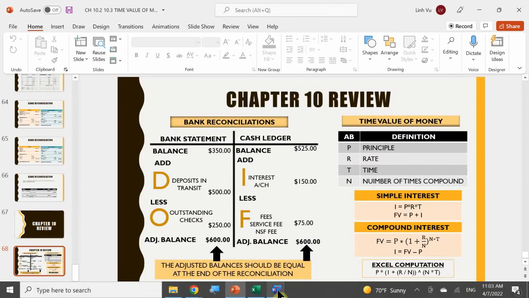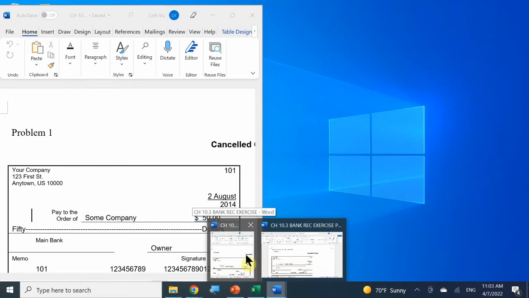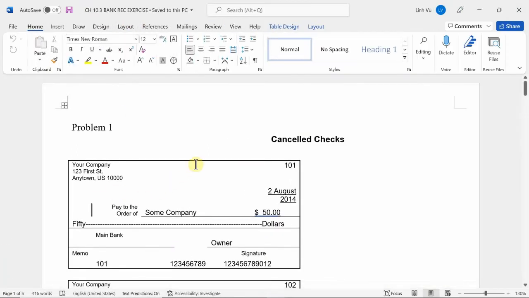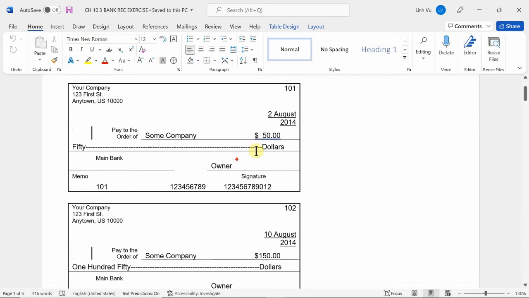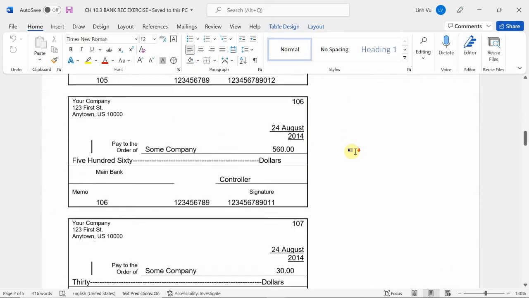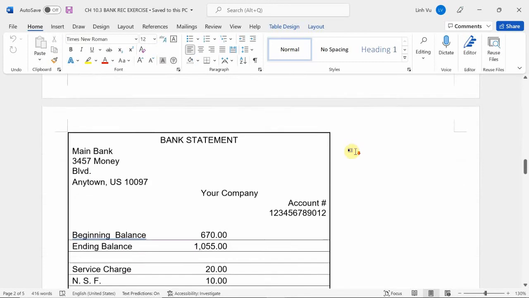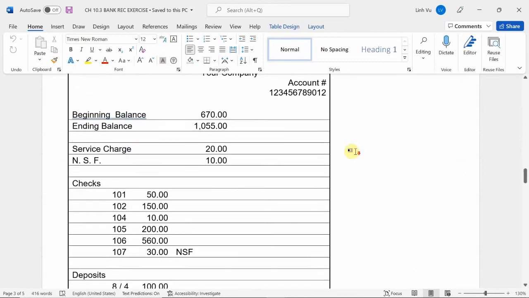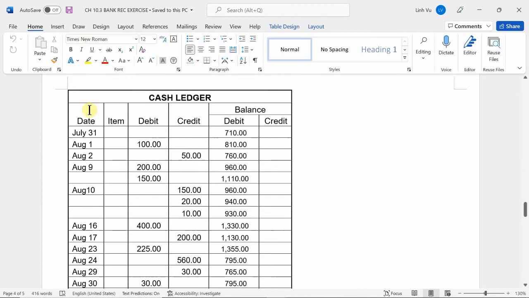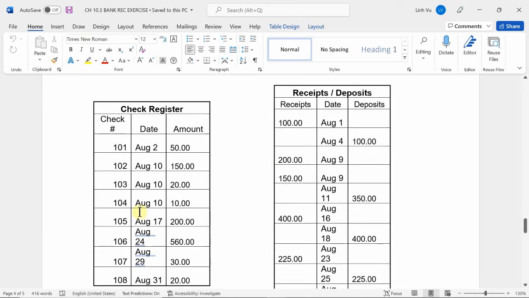Bank reconciliation, problem number 1. This is what it looks like. You have a bunch of copies of some checks here, a copy of the bank statement, a copy of your own cash ledger, along with a check register and deposits register.